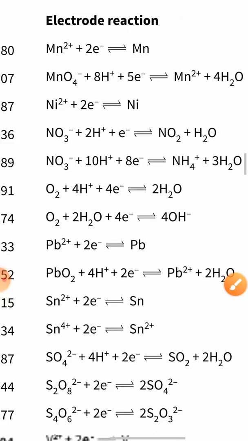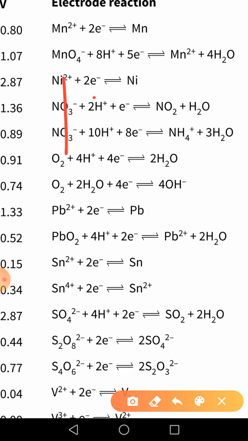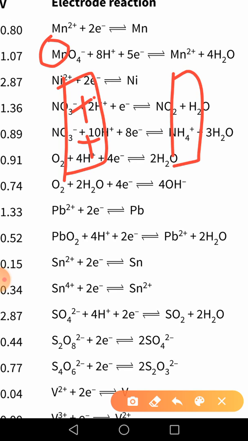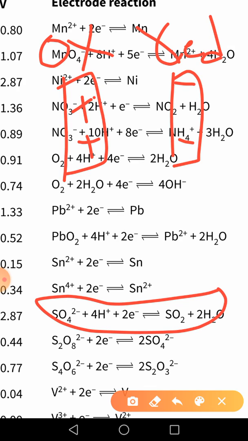Okay, now tell me about sulfate. I am drawing an anode here. The anode is the positive electrode where oxidation occurs, and the cathode is the negative electrode where reduction occurs. Now let's look at sulfate, SO4 2 minus, and here is SO2.